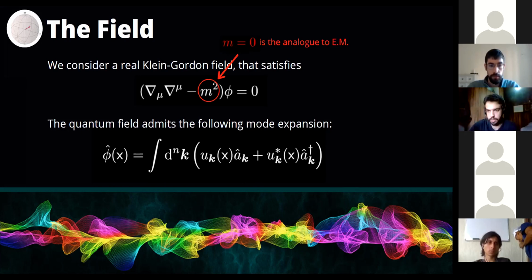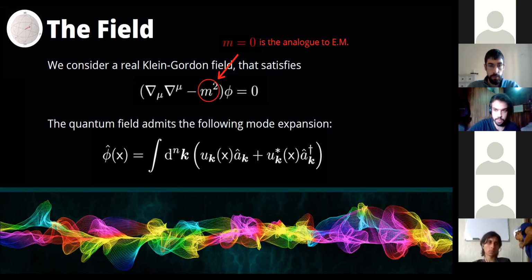And if the mass is not 0, the support of the propagator is inside the whole light cone. So the properties of the solutions are really different. So if you want to talk about electromagnetism and try to get analogous things, you should set the mass of this field to be 0, at least to get something similar.